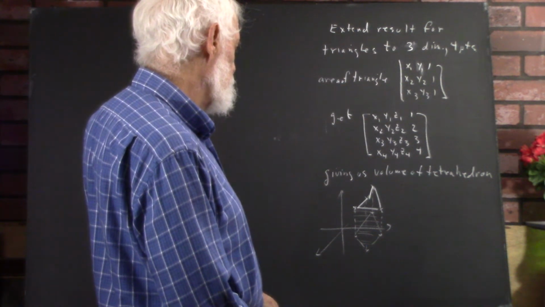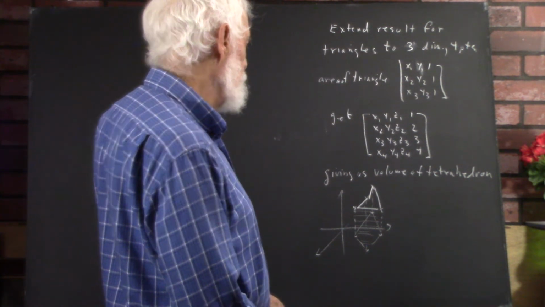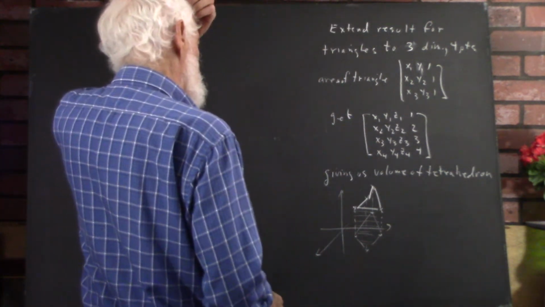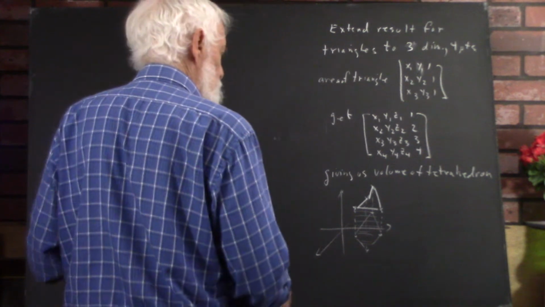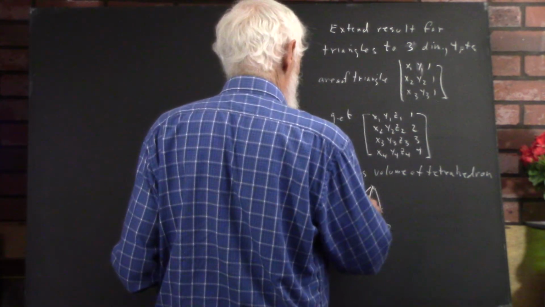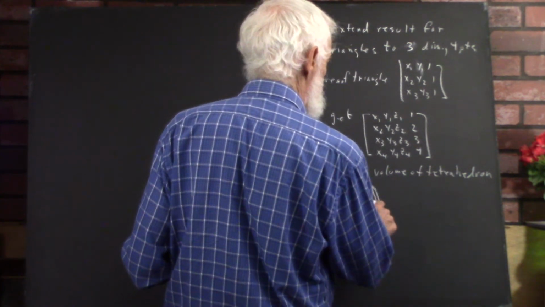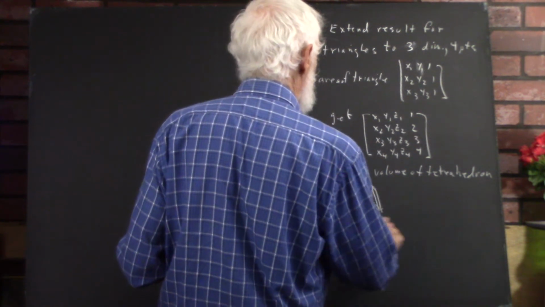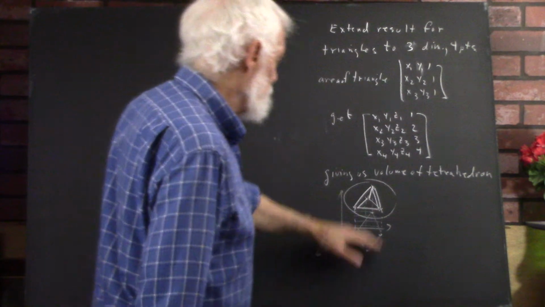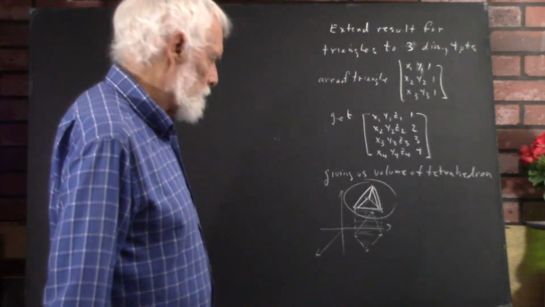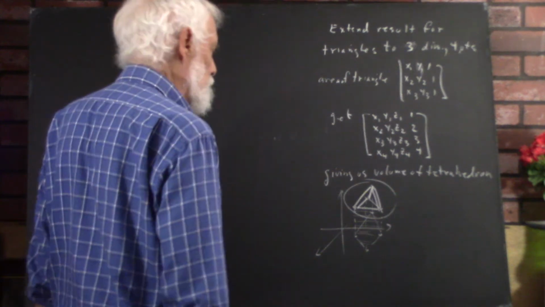And actually, I drew this wrong. This is not our tetrahedron. Our tetrahedron is obtained by connecting each of these points to each of the others. Okay, so here's our tetrahedron. It lies above here, but we're not talking about the volume below this, which is what I was talking about in multivariable calculus. So I said that kind of uncritically.